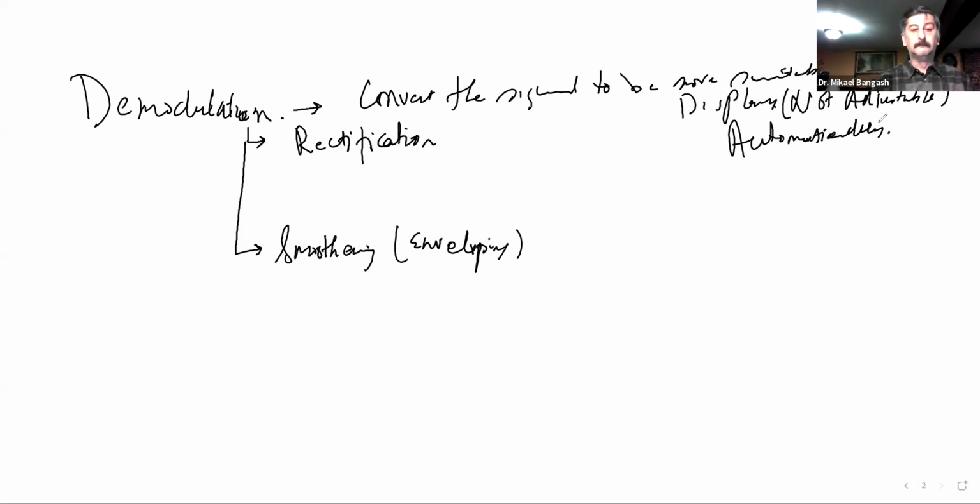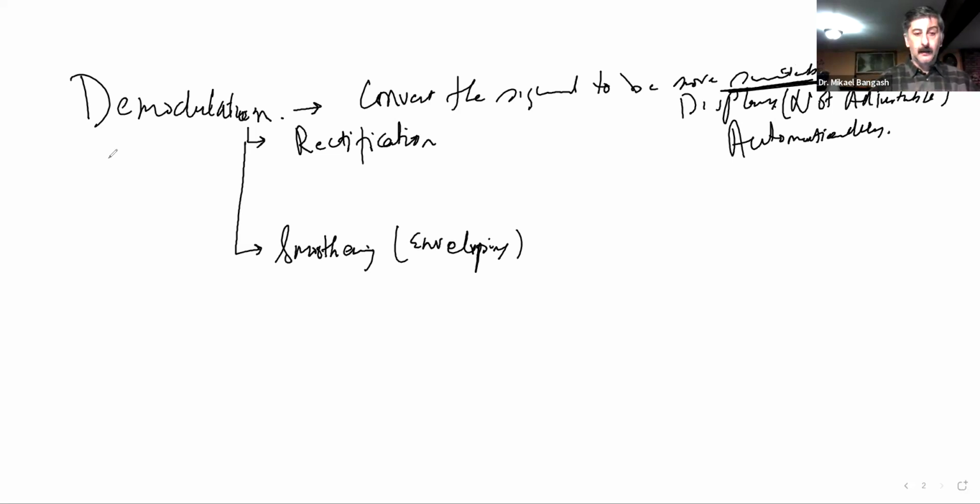Is that clear? And since it's mainly just to make the signals suitable for display, this process, unlike amplification, unlike compression, unlike compensation, doesn't have any effect upon your image as such.